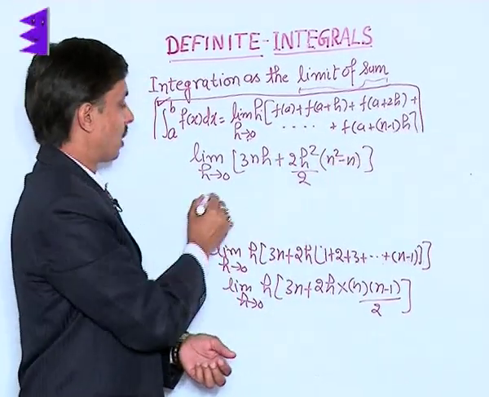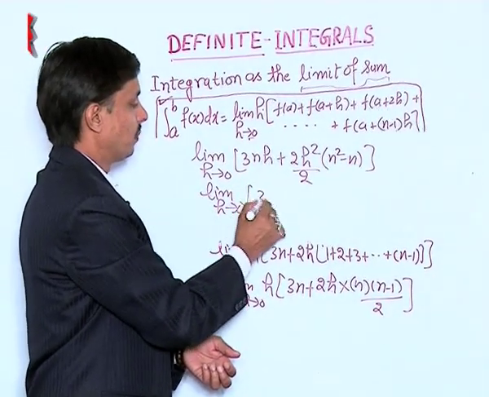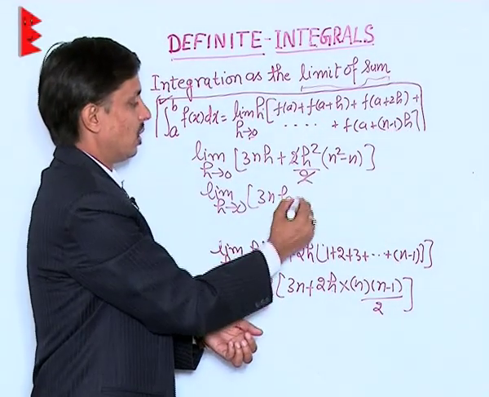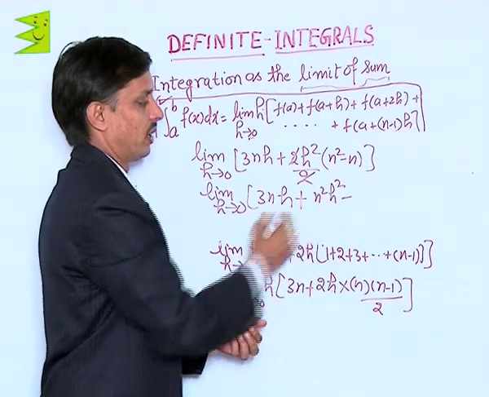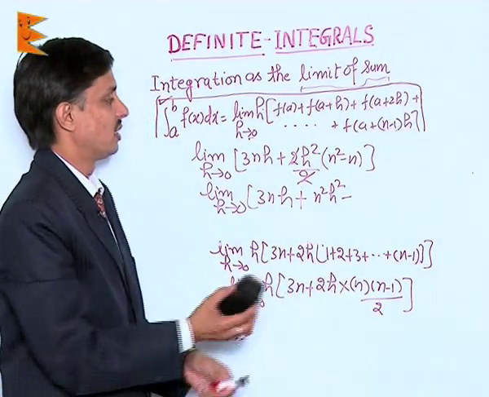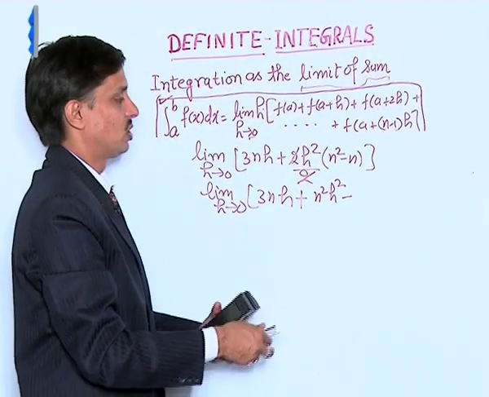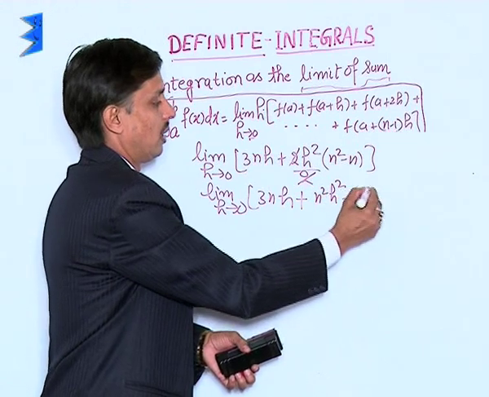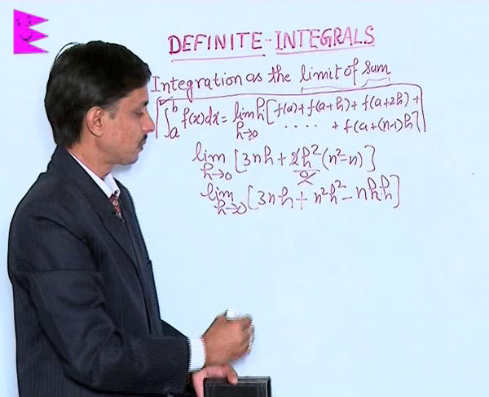Now we can write limit h tending to 0, 3nh, this 2 and this 2 get cancelled. This becomes plus n square h square. When h square is multiplied to n square, we get n square h square, and when h square is multiplied with minus n, it can be written as minus nh into h.